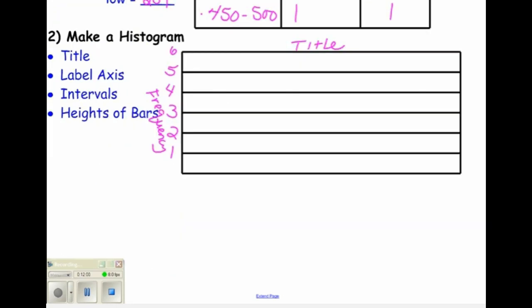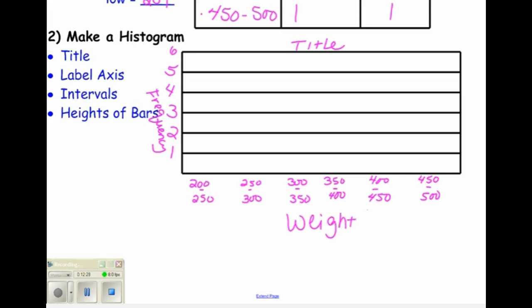And then I need to put my categories down here. 200 to 250, 250 to 300, 300 to 350, and so on. Label those out. This would be weight, and it's in pounds.